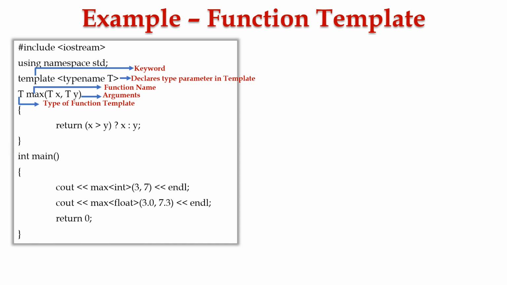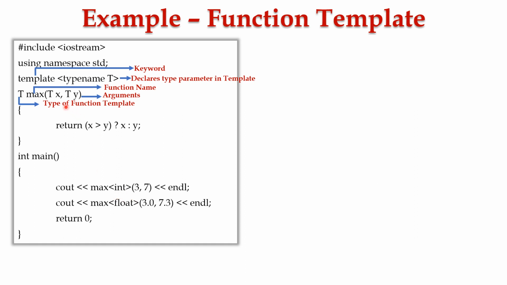Next we have the main function. Here max<int> within angular brackets followed by the list of parameters, that is 3, 7. It is a function call to the max function template, explicitly specifying that template parameter T is of integer data type.